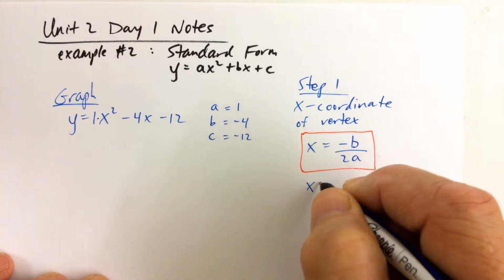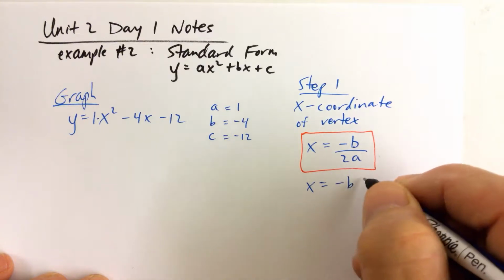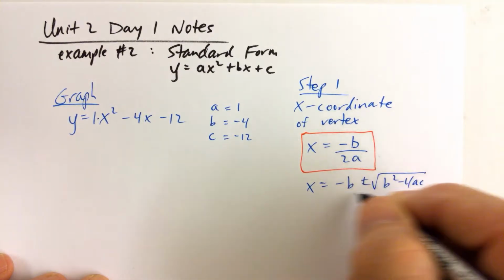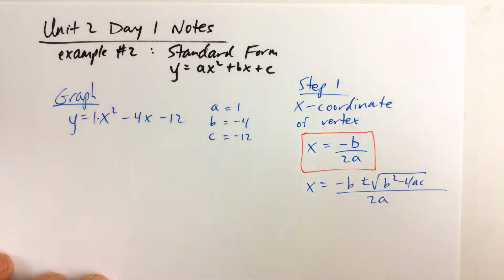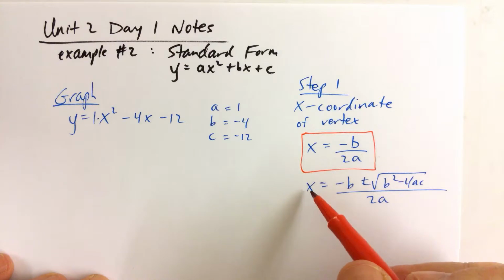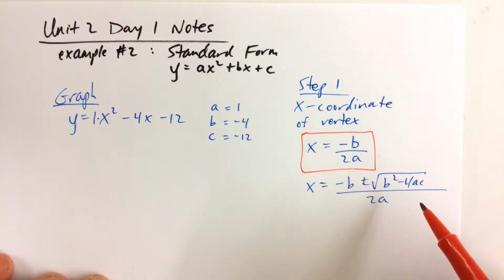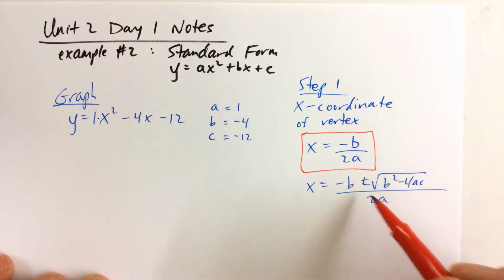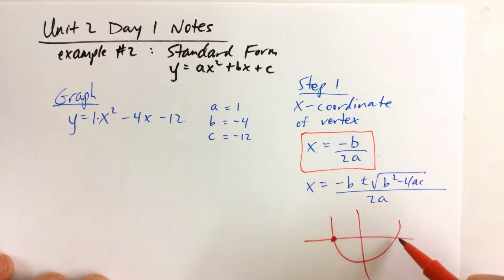Now, where does that come from? If you remember the quadratic formula, negative b plus or minus the square root of b squared minus 4ac, if you sing it using the Pop Goes the Weasel song, over 2a. The roots, or the solutions to the quadratic equation, would be negative b plus something over 2a and negative b minus something over 2a. If you look at a parabola, those are going to be the 2 points right there.